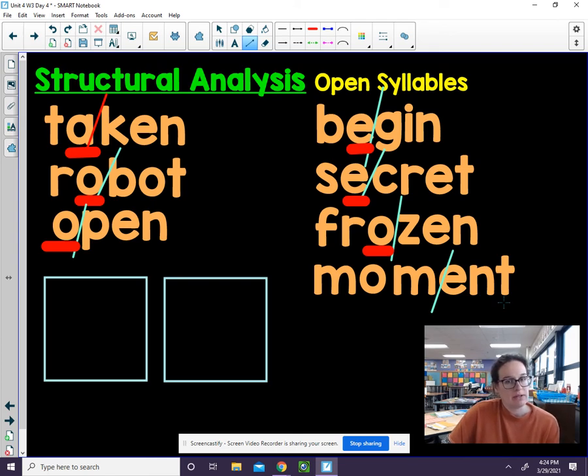Is that a word that we know? Moment? It's not, which makes me think we put this in the wrong spot. Let's go ahead and let's try putting it in right after the O this time. Well, when we do that, remember it's going to be a long O sound here. Let's try it this time. Mo, ment, moment. Moment. That is a word.